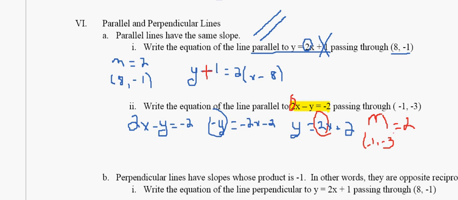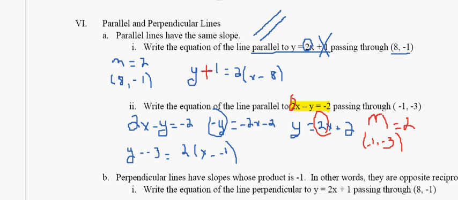Okay, so now I have my slope of 2 and my point of (-1, -3). So I'm ready to put it into point-slope form.